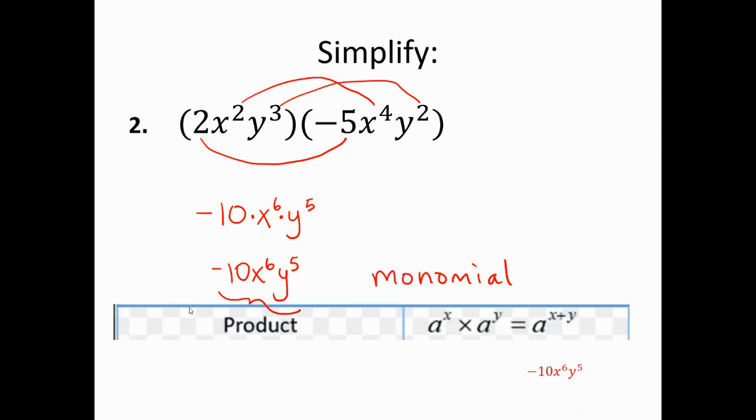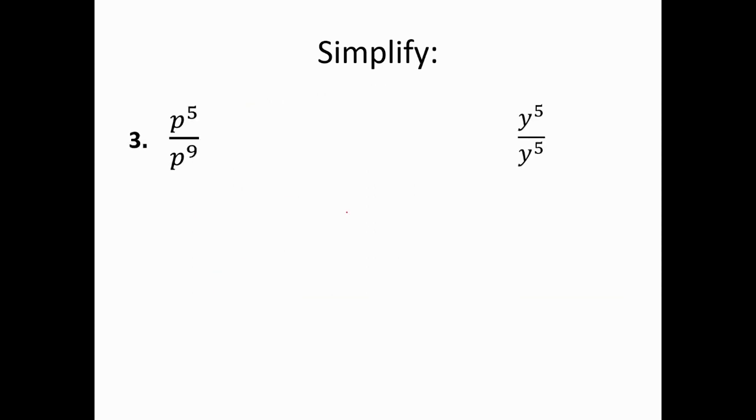Okay, that's still a product law. So now on to division. This is going to be called the quotient law. So if I were to, again, write these out as factors, this would be 5 p's multiplied together, divided by 9 of them. So 1, 2, 3, 4, 5, 6, 7, 8, 9.